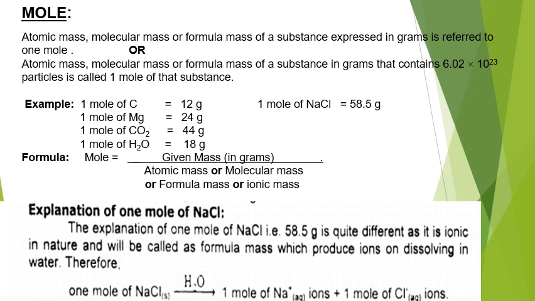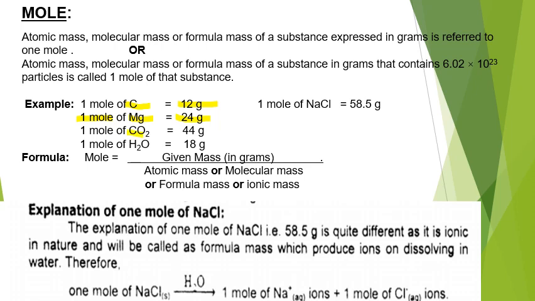Here some examples are given which will give you clarity of the concept of what is a mole. If we say 1 atom of carbon, that will be equal to 1 mole of carbon and it will carry mass 12 grams. 1 atom of magnesium is equal to 1 mole of magnesium and it will carry the mass 24 grams.